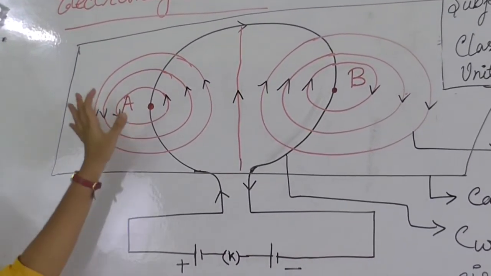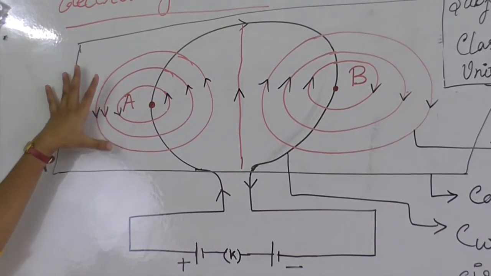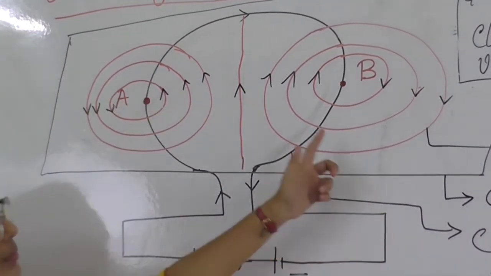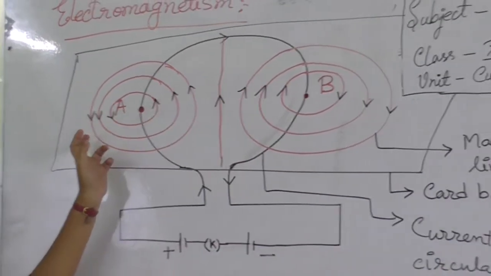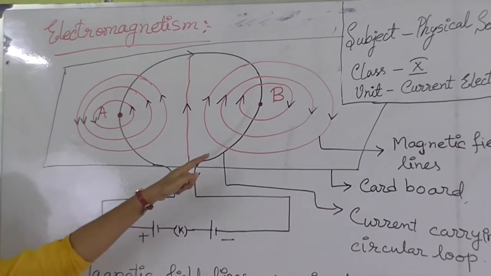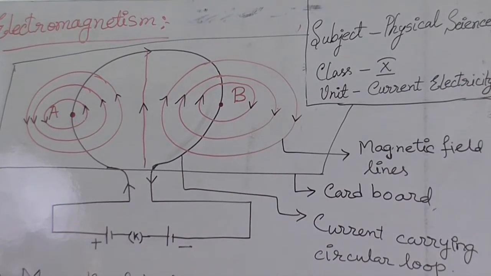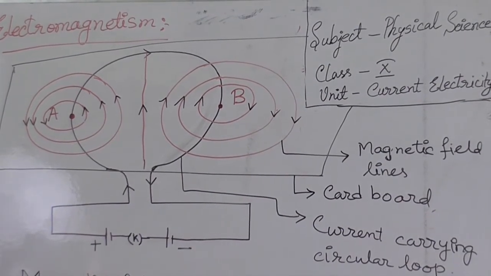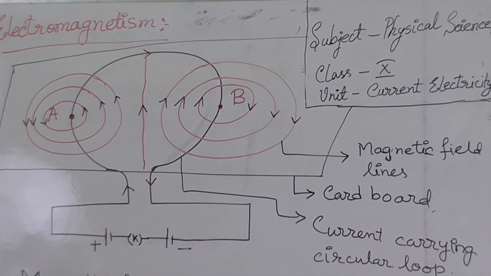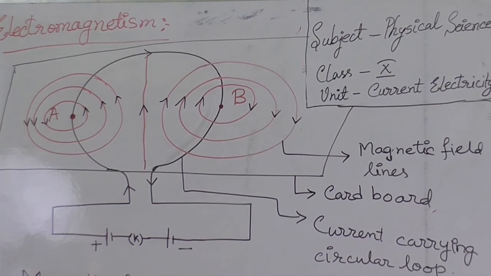Here there is a cardboard, and there are two holes made on the cardboard, A and B, and the circular loop is passed through these holes. Now, we have kept some iron filings over the cardboard.